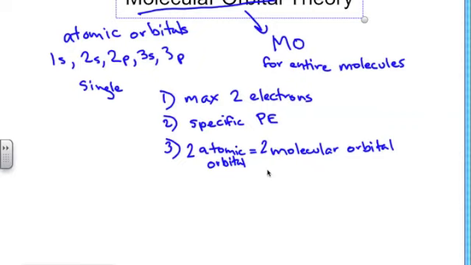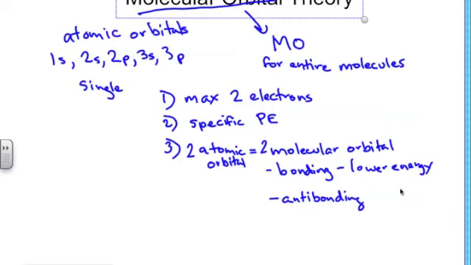The 2 types of molecular orbitals you'll get are the bonding orbital and the anti-bonding orbital. Bonding orbitals are always lower energy, so it's favorable to form a bonding orbital.